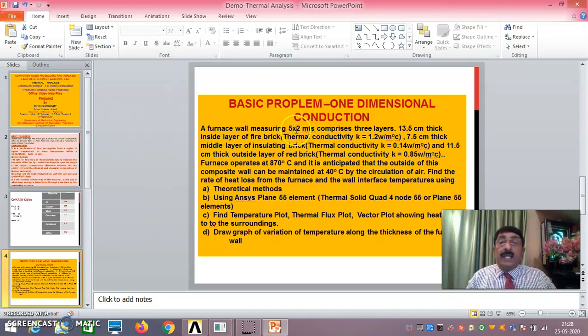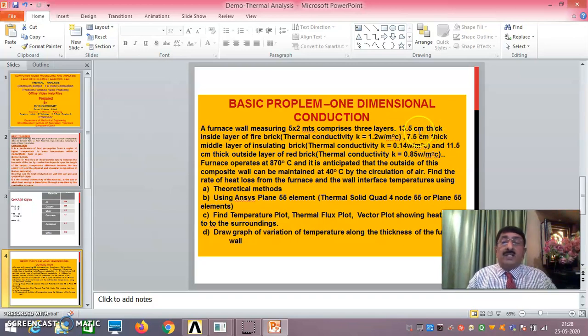What I'll get is small q, that is Q by A, the heat transfer rate per unit area. That is what we are interested in. You always know in the answers we get small q. If you want capital Q, the heat transfer rate, you have to multiply by this area, 5 into 2, to get capital Q.